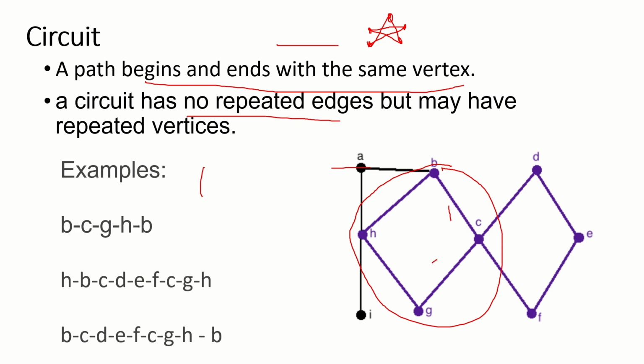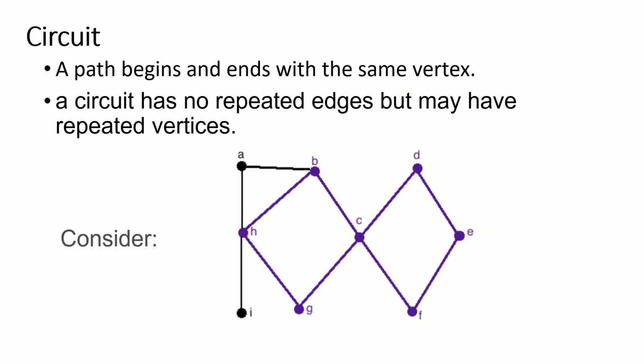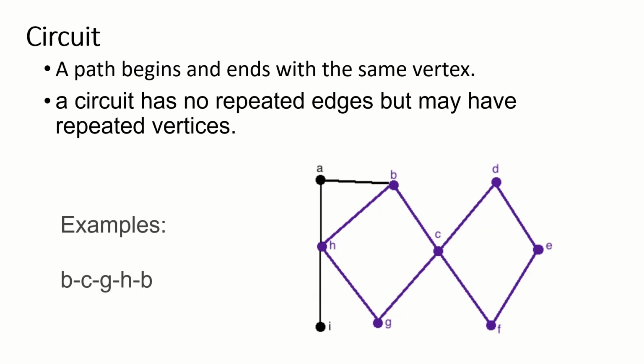Then after C, we go to G, and then we go to H, and then we go back to B. So in this case, we did not repeat any edge, and we started and ended with the same vertex B. So that is the first example. Now the second one.